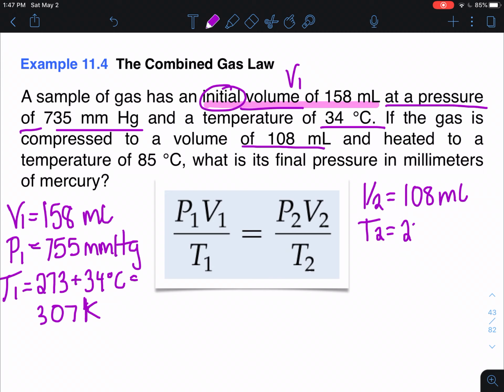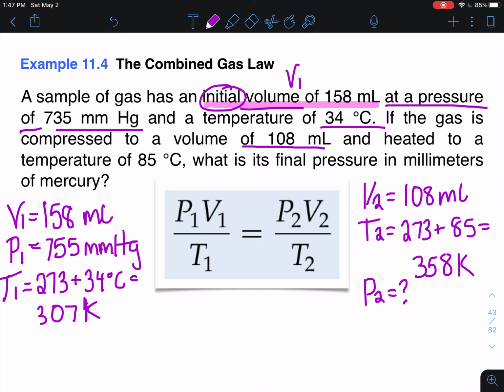So 273 plus 85 is 358 Kelvin. What is the final pressure in millimeters of mercury? So what is my P2?